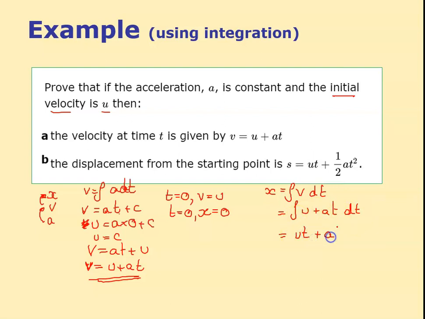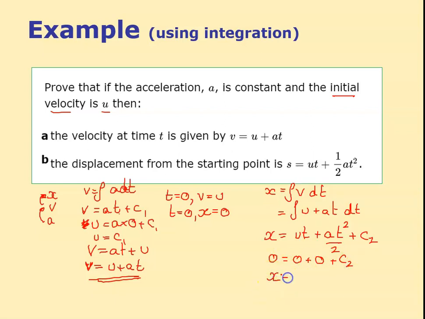I add a power and divide by the power, plus a new constant, which again, technically I should write C1's there, and therefore this is C2. Oh, hang on a bit. I suppose I know x is 0 and t is 0, so this becomes 0 equals 0 plus 0, and you quickly realize C2 is nothing.